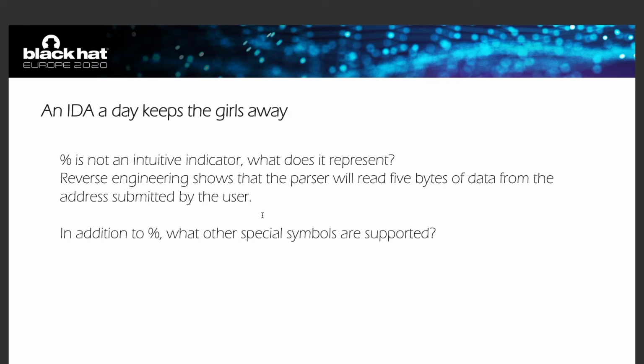After reverse engineering, I found that the percentage means that the pack and unpack routine needs to read 5 bytes of data from the input address. But the problem is that the address can be controlled by user mode.